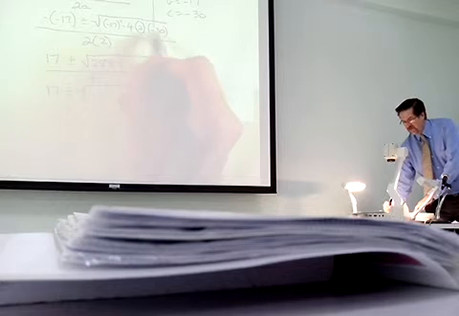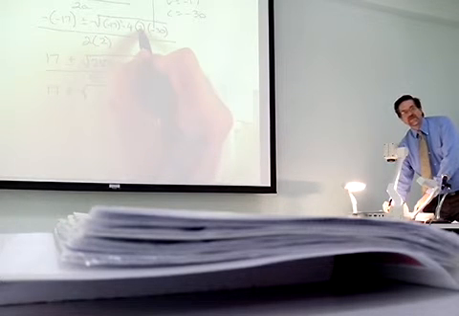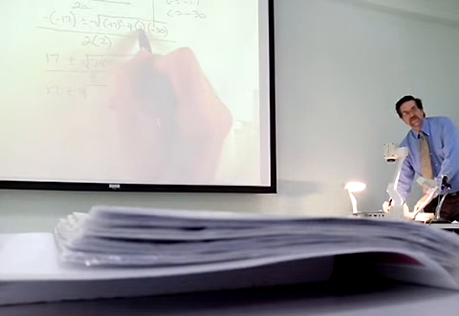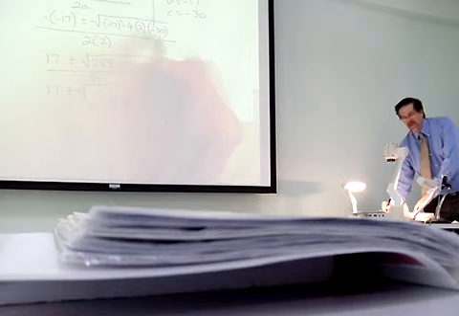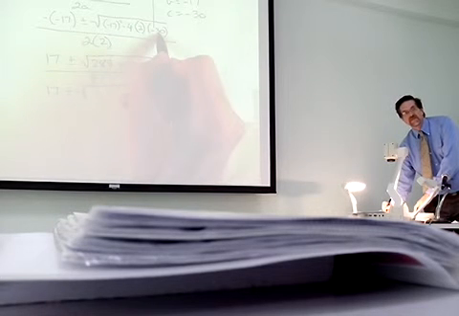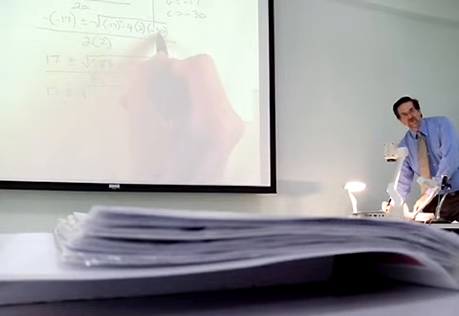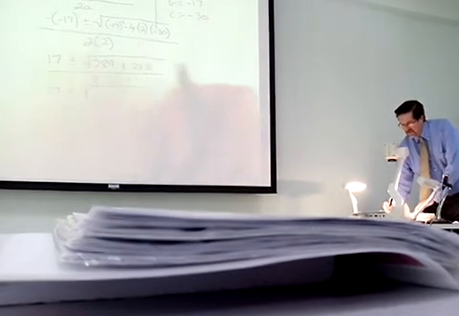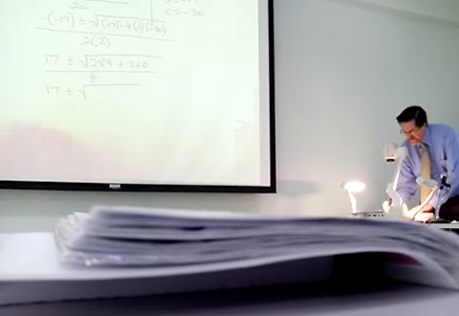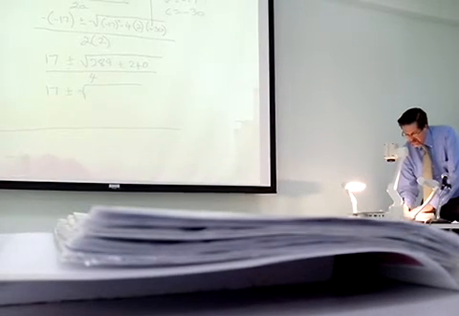So 4 times 2 is 8. 8 times 30, negative, 240. But it's negative c.